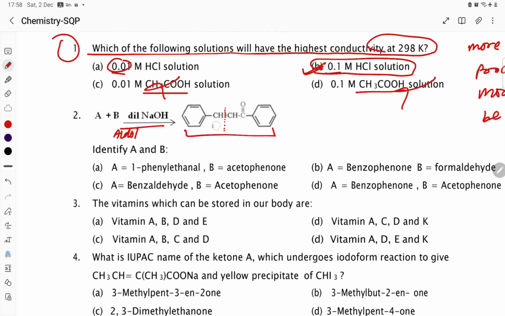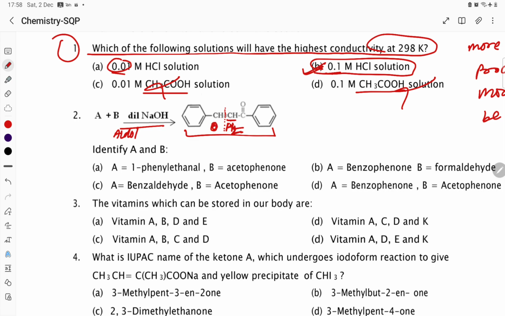So it must be the aldehyde group, and in this place there will be a CH2 group. CH2 group means CH is already there, so here should be H2, and here is the oxygen.